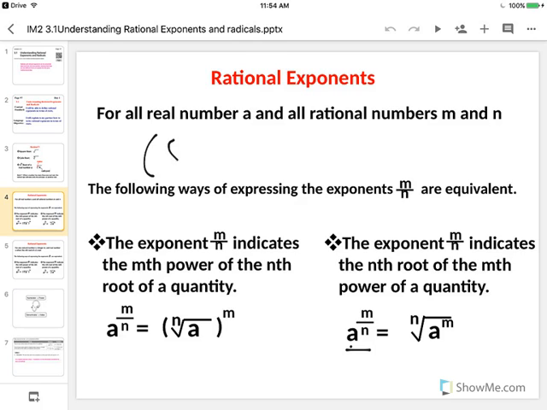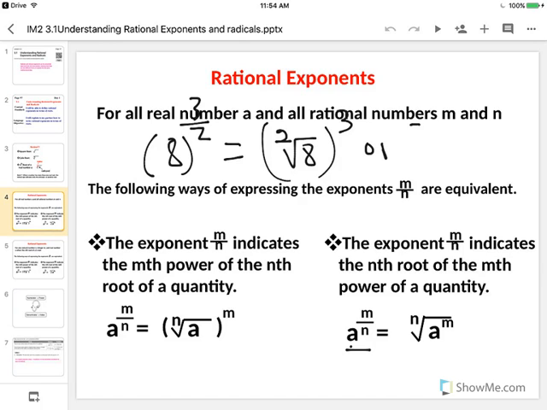For example, if we have a to the power of 3 over 2, it can be written as the square root of a raised to the power of 3, or we can write the square root of a to the power of 3. Both are acceptable. Remember that for square root, there's a 2 here that we do not normally write.